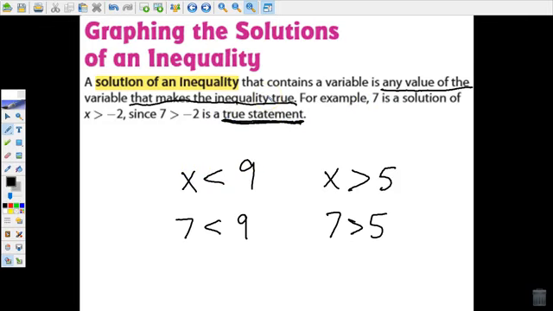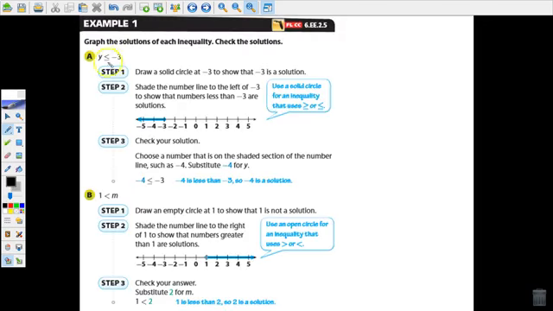Okay? Let's go ahead and look. Graph the solutions of each inequality, check the solutions. Class, before we get into this, I want everybody to write down: less than and greater than equal an open circle.